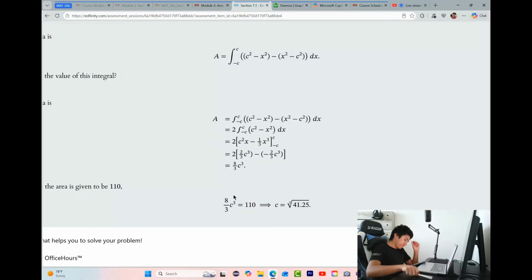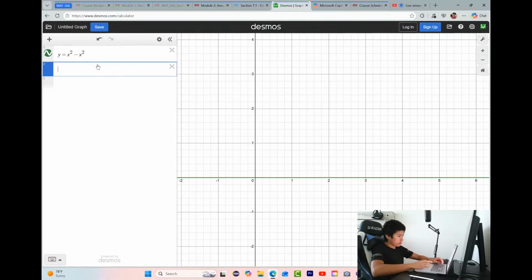C cubed. Negative, negative 2,800, square root of negative 2,000.